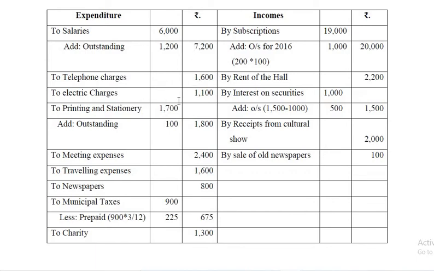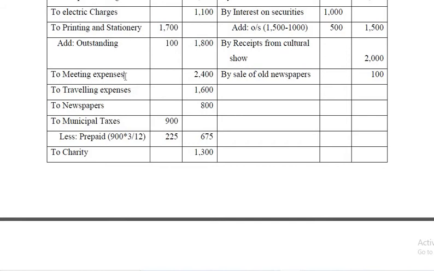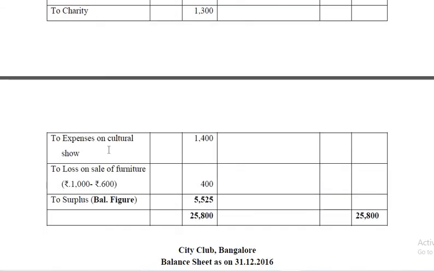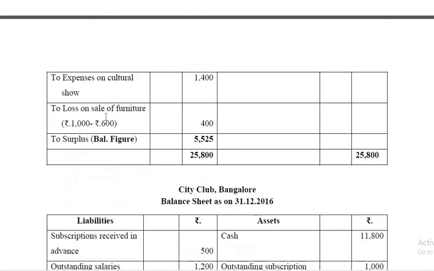Telephone charges, electricity charges, printing and stationery 1,700, outstanding 100, 1,800. Meeting expenses, traveling expenses, newspaper, municipal taxes 900, prepaid for 3 months, after deducting, 675. Charity, expense on cultural show, loss on sale of furniture 1,000 minus 600, 400. Surplus, that is excess of income over expenditure, 5,525.